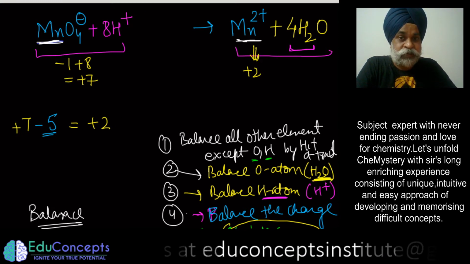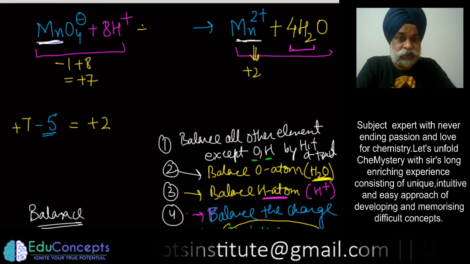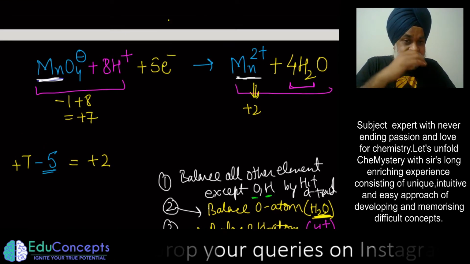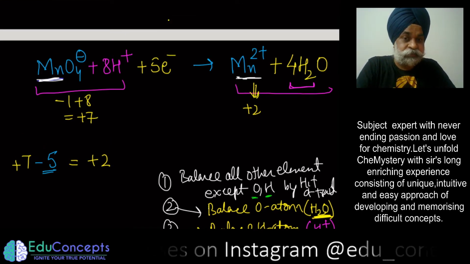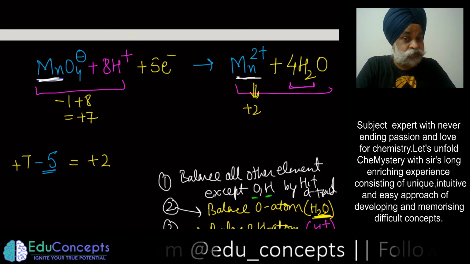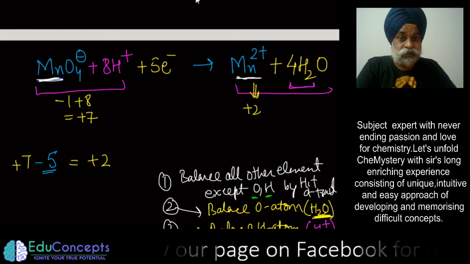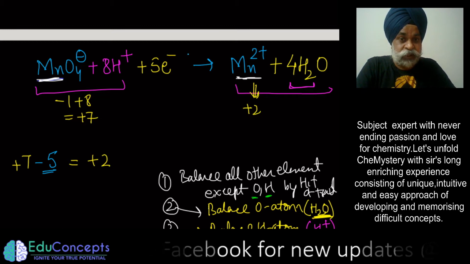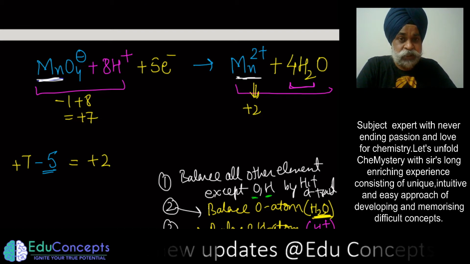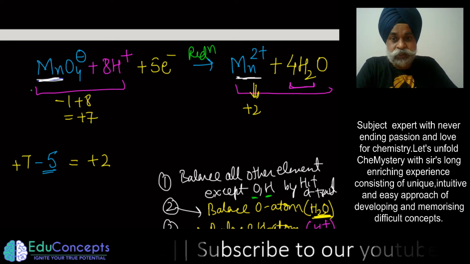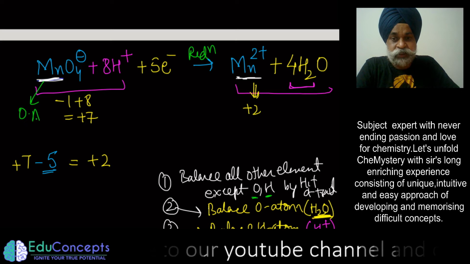So why am I writing 5 negative here? Because this is electron. So what you are able to see is, while doing this, I haven't used the concept of oxidation state. Still I managed to find the half reaction, whether it is reduction or oxidation. So what you are able to see here is, what I should write here, reduction, and this is what you call an oxidizing agent.